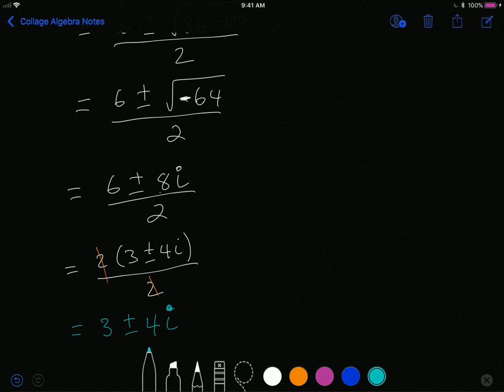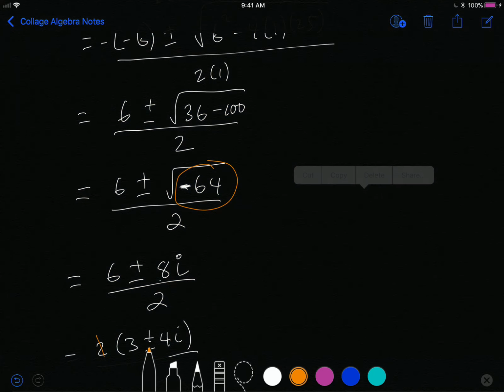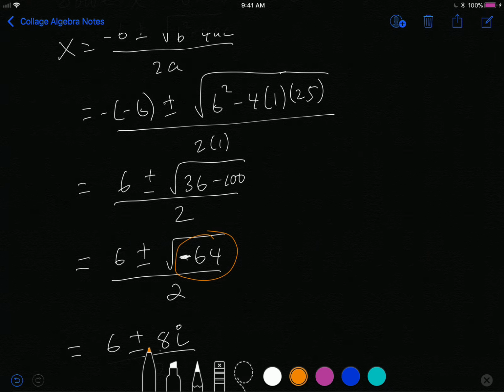This result right here leads us to a very, very important result. The reason that I got an i in my solution is because this number was negative. Right? The square root of negative 64 is what gave me the 8i. That's when the i first appeared. The negative 64 comes from this part of the quadratic formula, the b squared minus 4ac.